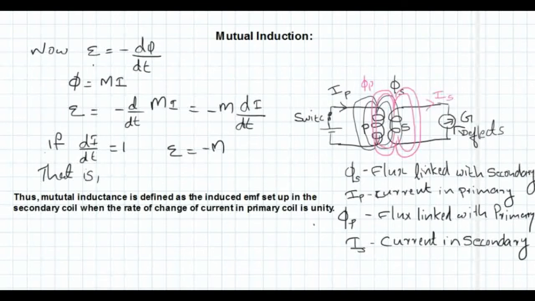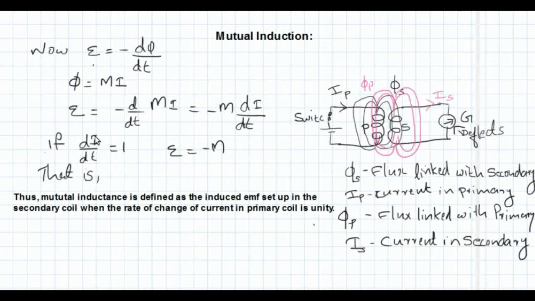I repeat, the mutual inductance is defined as the EMF induced in the secondary coil when the rate of change of current in the primary is unity. What is the meaning of change in current? When we close this switch, the current will slowly increase from 0 to a maximum, right?